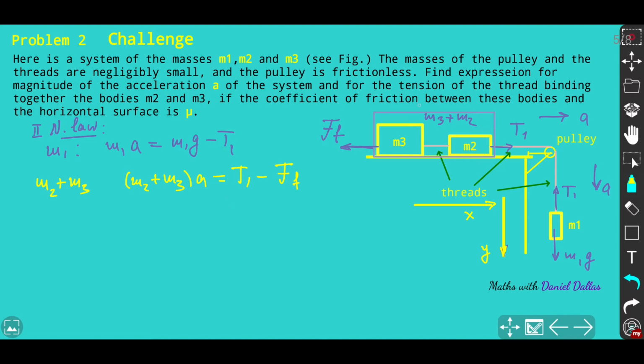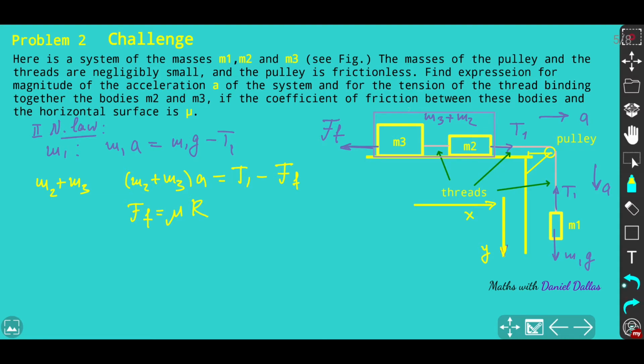Okay, so first of all, let's set up the friction force. As you remember, there are two types of friction force, dynamic and static friction. In our case, everything is moving, so we can set up the proper equation for the dynamic friction force. In that case, it's proportional to the reaction force. So we can write mu times R, where R is the total force that acts upwards.